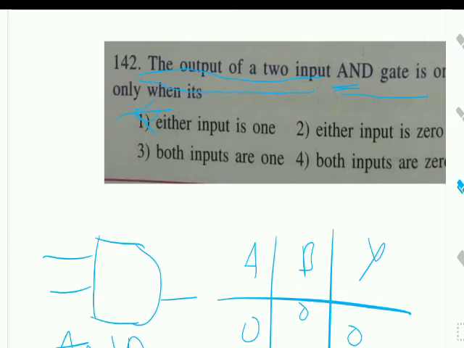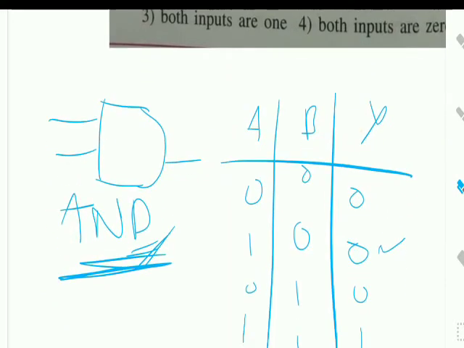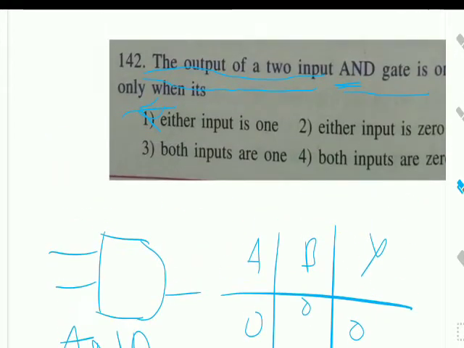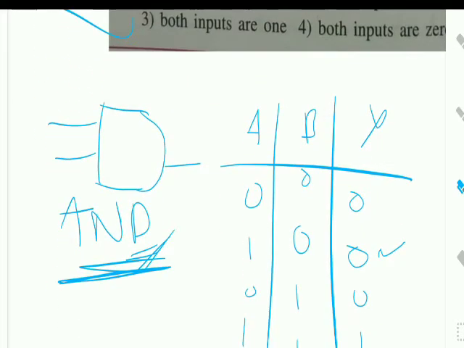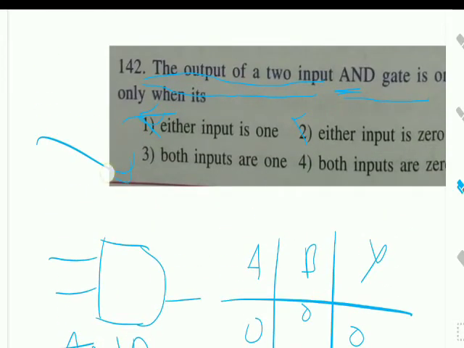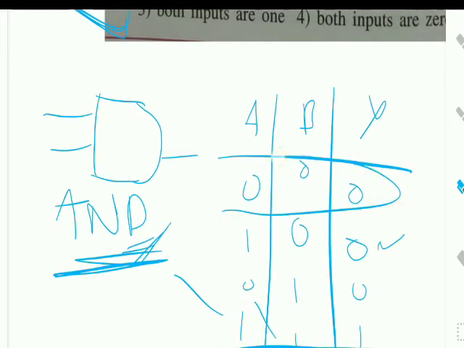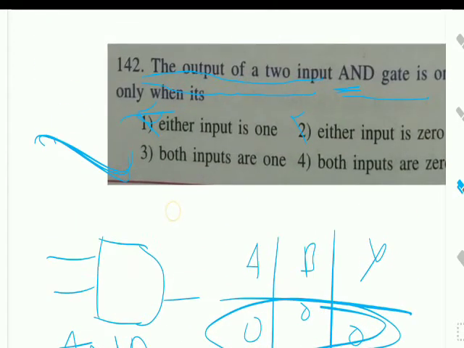Third one, either input is 0: if any input is 0, then the output is also 0, because it is multiplication. So wrong. Both inputs are 1: it is right, because 1 dot 1 is equal to 1. So the third one is the right answer. If both inputs are 0, the output is also 0.